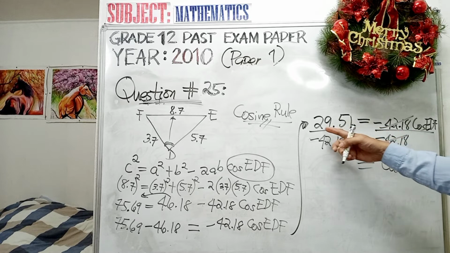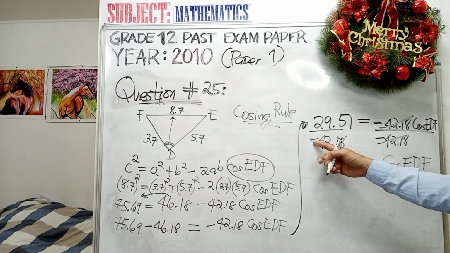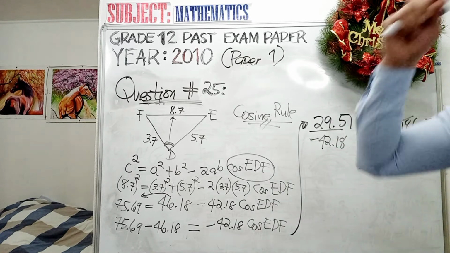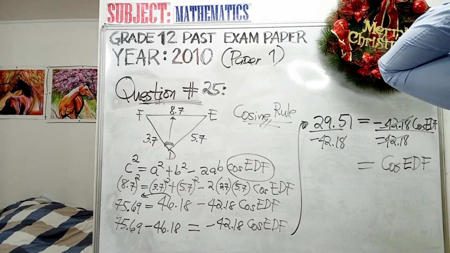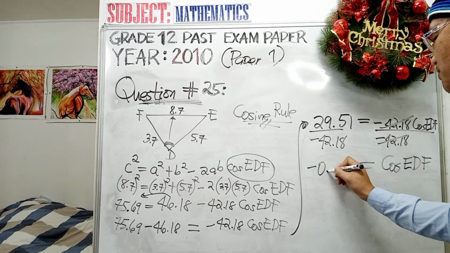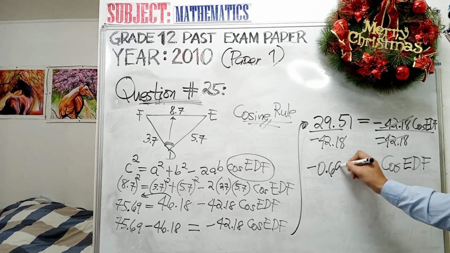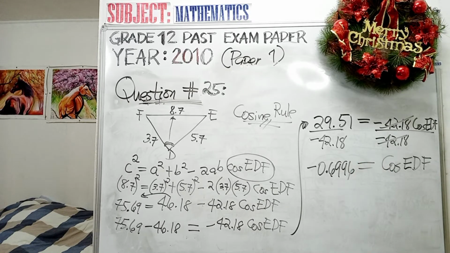So the quotient of positive 29.51 divided by negative 42.18 is equal to negative 0.6996. Now you will use your calculator.